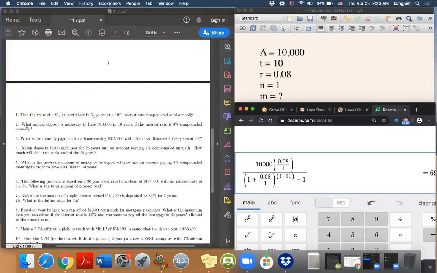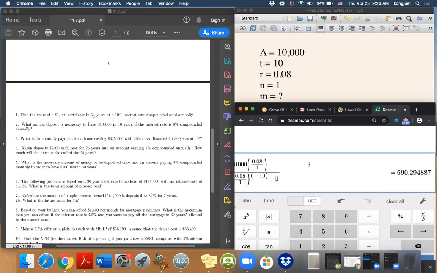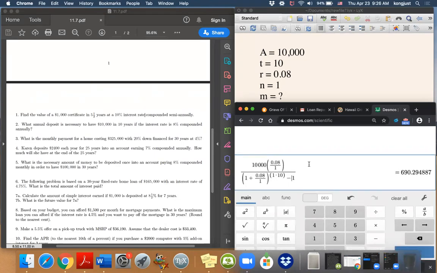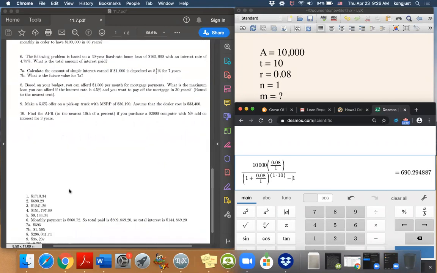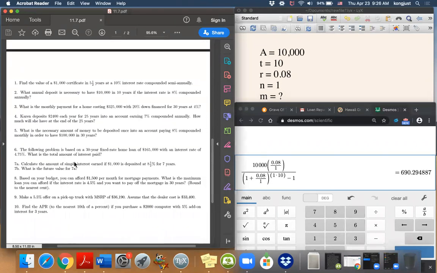Can I get 690.29? So nearly 690.29. And that agrees with what I have down the bottom. So looks good. Okay, is that okay with you guys? Yes. Okay, sweet.